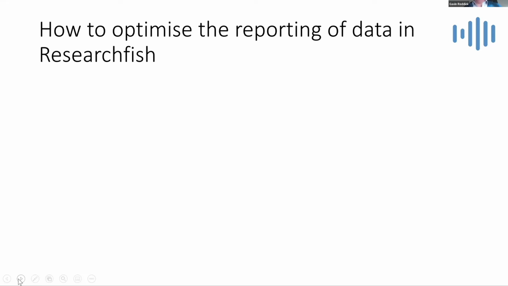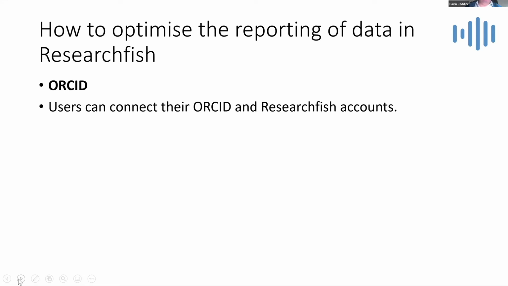So how to optimize the reporting of data in researchfish. Well, the first one I would say would be ORCID. So for people that are involved, you can connect your ORCID, if everybody here knows that, to their researchfish accounts. And so in ORCID, you can hold a record of your individual publications and other types of works.